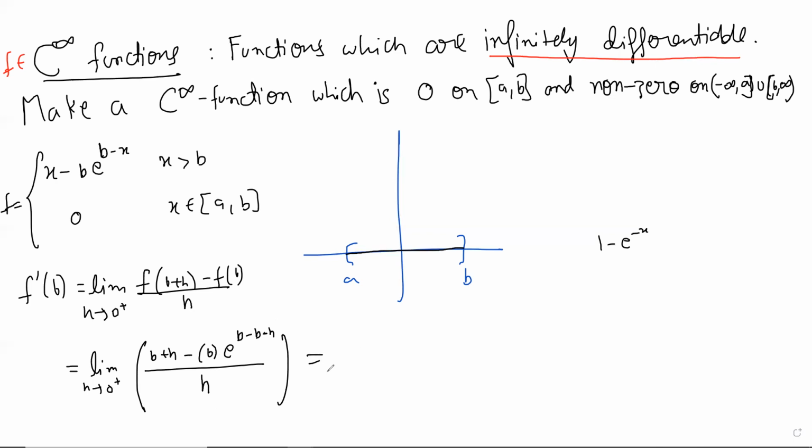Am I doing something wrong? Yes, because in place of x, you just replace by b plus h. Right. But then it's b plus h minus b, e to the minus h.